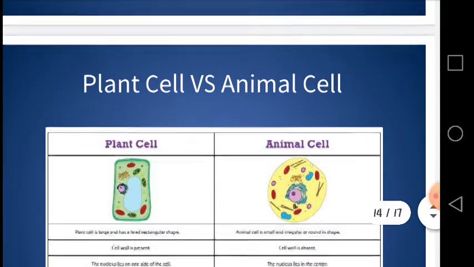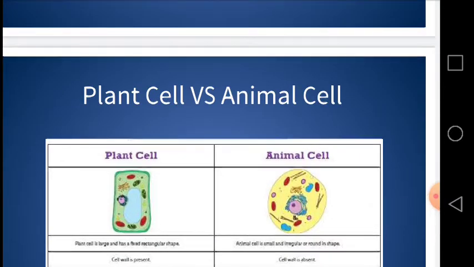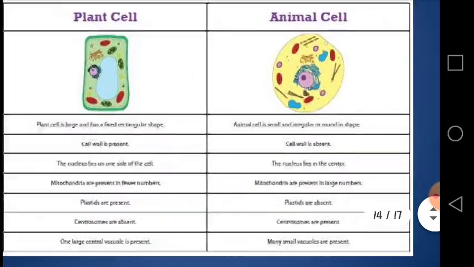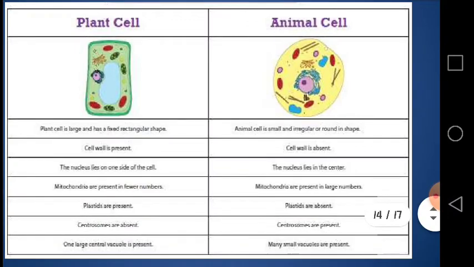Now dear students, we are going to have a comparison between plant and animal cells. You can see from this diagram both the plant and animal cells. The plant cells are usually larger and rectangular in shape, while the animal cells are usually smaller than the plant cells and round in shape, and sometimes irregular.